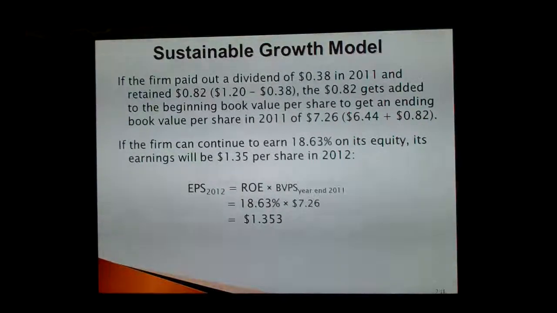So that 82 cents that was retained gets kicked back into book value per share. Now it's saying book value per share in 2011, because of the retention, was $7.26. If the firm can continue to earn 18.63% on equity, its earnings will be $1.35 per share in 2012.